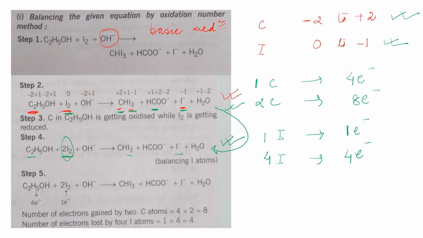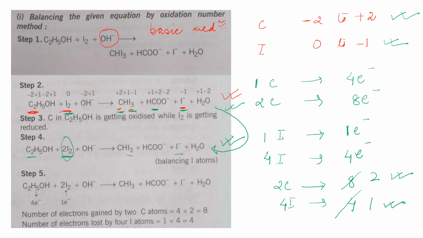So what am I getting? 2 carbon atoms are losing 8 and 4 iodine are gaining 4. So now I can reduce this. It is becoming 2 and 1. So the coefficient of C2H5OH is 1 and the coefficient of iodine is 2.